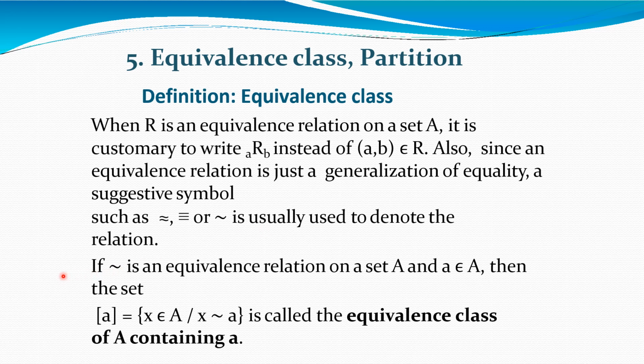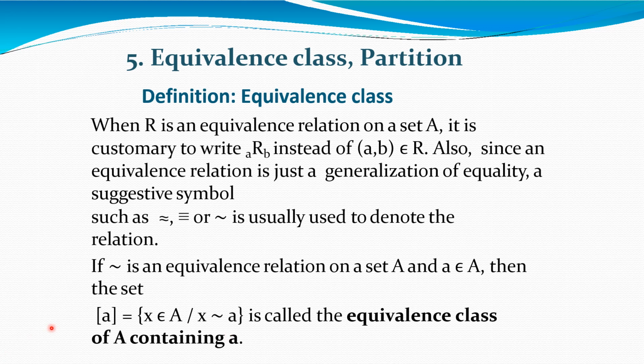Now, if R is an equivalence relation on a set A and a is a member of A, then the equivalence class of a contains the elements x in A such that x is related to a. So this is called the equivalence class of the set A containing a. So what is basically an equivalence class? Whenever some relation is an equivalence relation on set A, then for every element a from that set A, we can define an equivalence class.